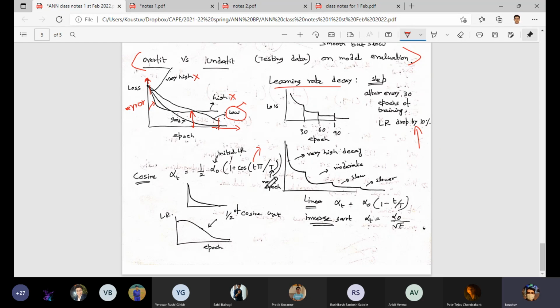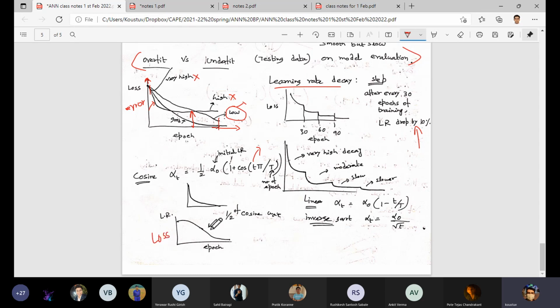So we can give a cosine function, because the half of the cosine function's shape is like this. If you plot the sinusoidal, you will see that the right-hand half is like this. So ideally we would like to mimic that. Ideally we would like to get this kind of behavior of the loss with respect to epoch.